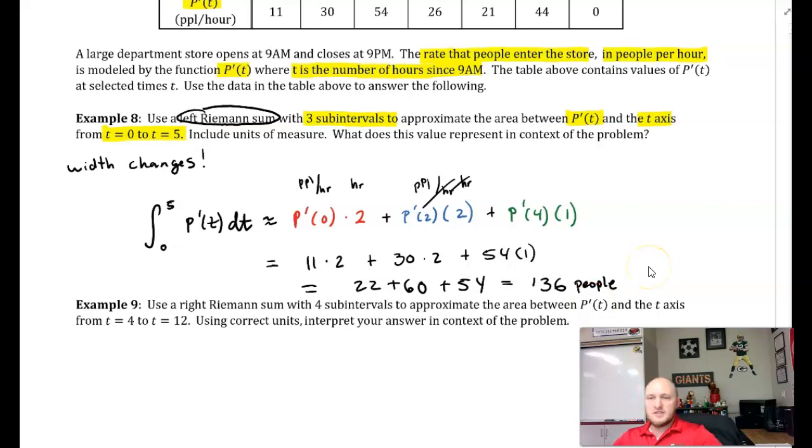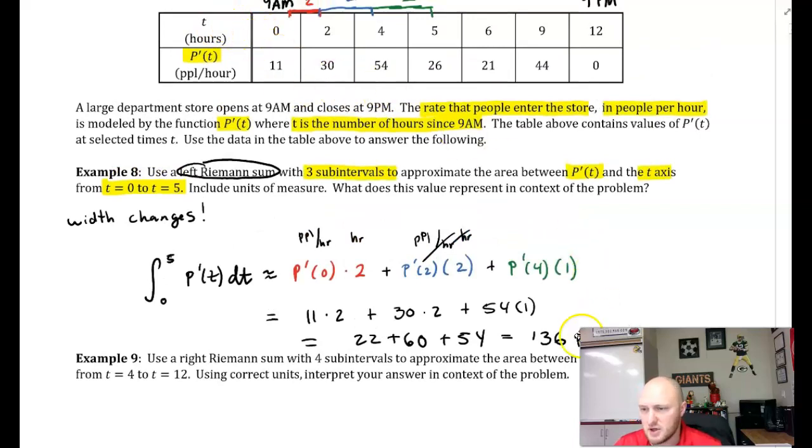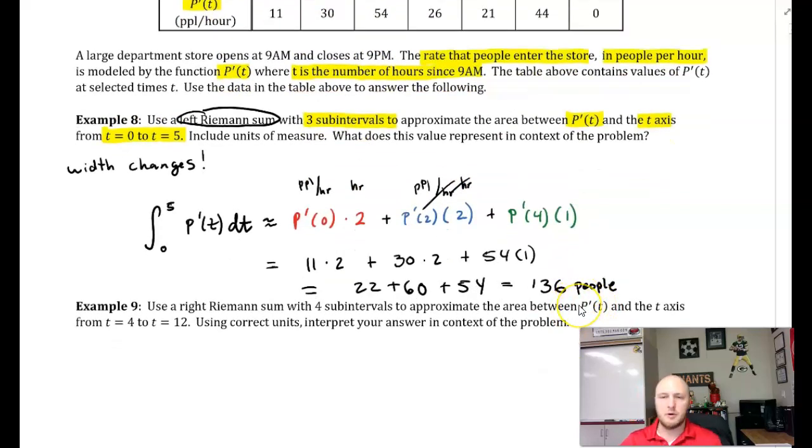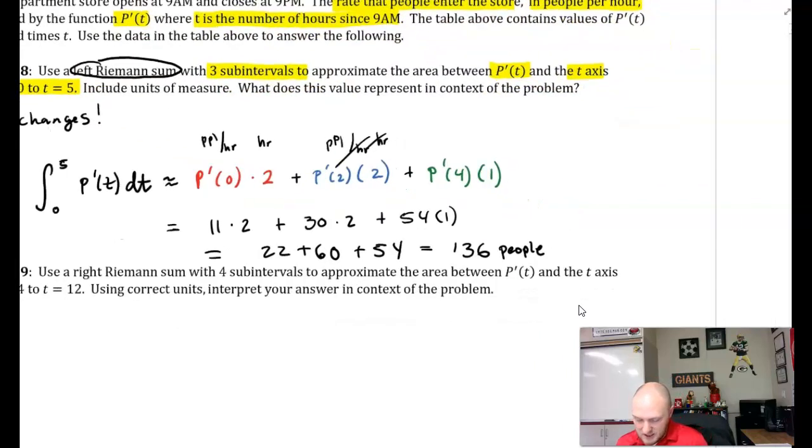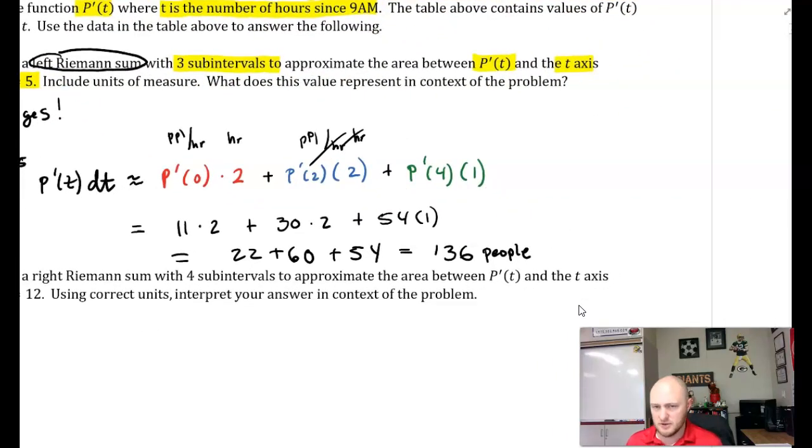Okay, so what does this mean in context? This is the number of people per hour that are entering, and we're multiplying times hours, so 136 people. Remember, integrals are accumulators. I'm accumulating how many total people we have here. So this is the number of people entering the store. That's what p prime of t means.